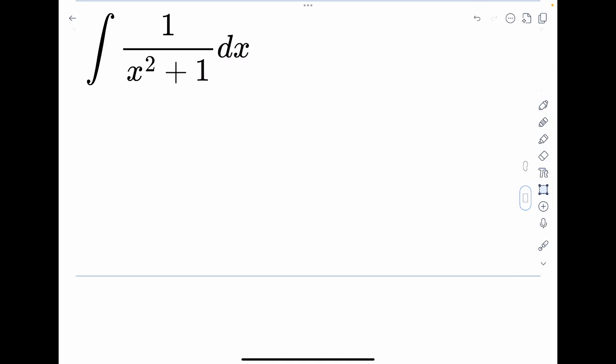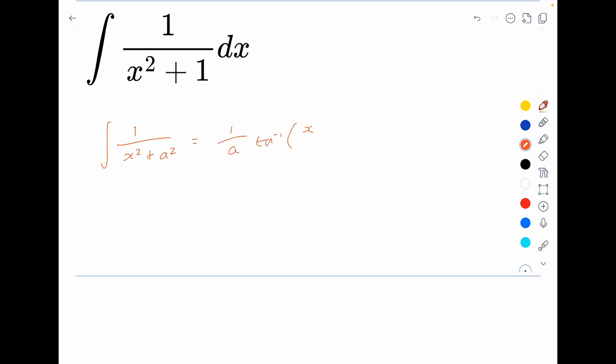Now, just to take a very basic example, we've got 1 over x squared plus 1. Okay, so as we can see, this is going to follow the following format, okay? We're going to have 1 over x squared plus a squared is equal to 1 over a arctan x over a, okay?